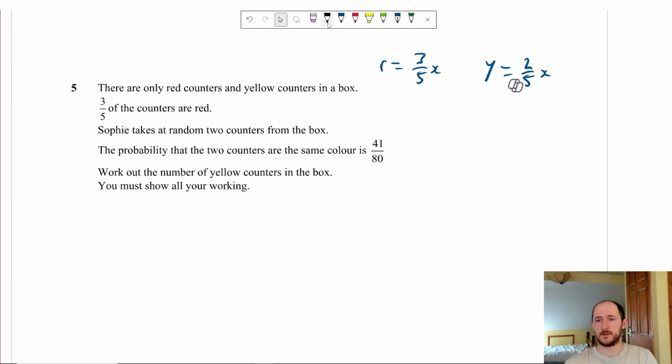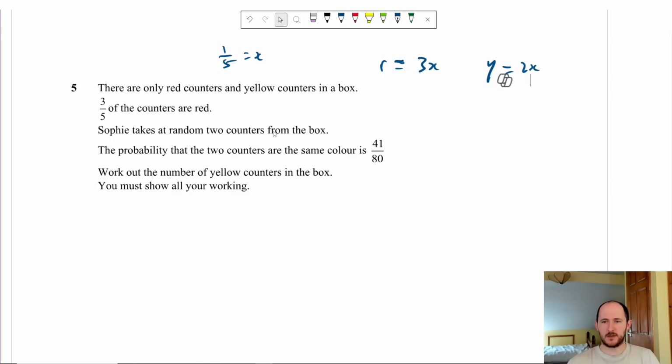Instead, what I would do is, I don't know how many there are in total, so instead I'm going to say each part, right? Each part, so if you want 1/5, each part is x. That means there's 3x for red, and for yellow there's 2x. And that removes all of my fractions in this case, except the actual algebraic ones.